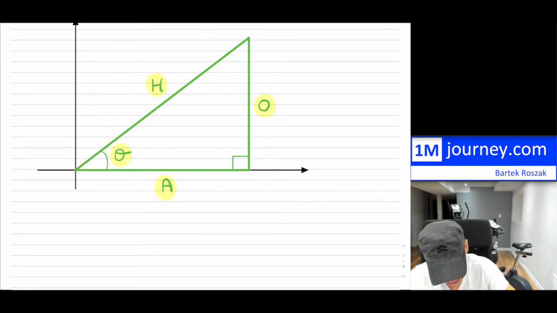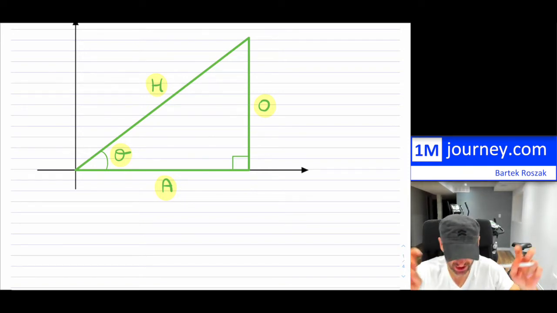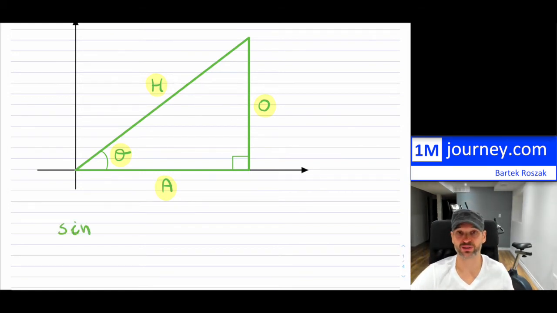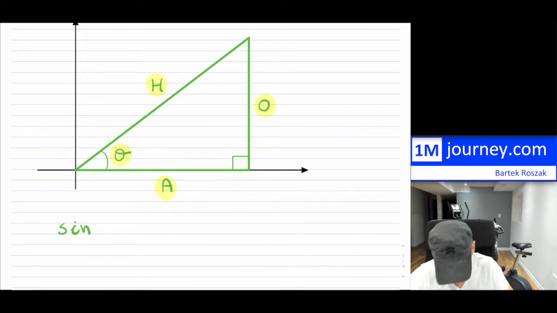And now we have these special definitions. The sine, which we write simply as sin for short, of the angle theta, is equal to the ratio of your opposite length divided by your hypotenuse. So opposite over hypotenuse.